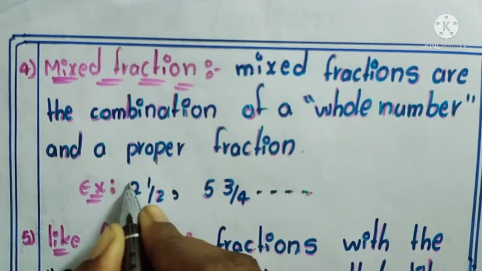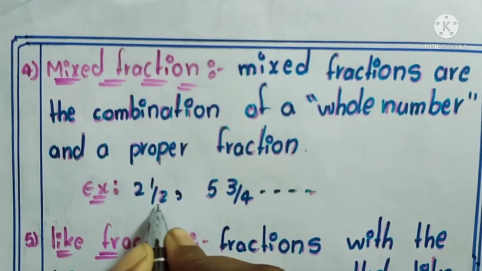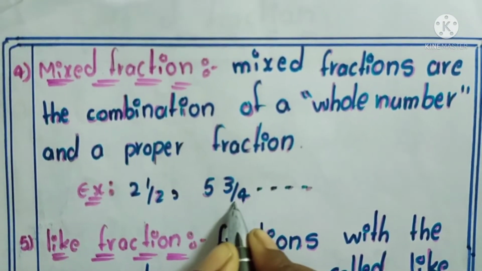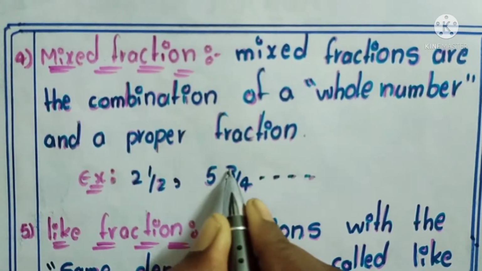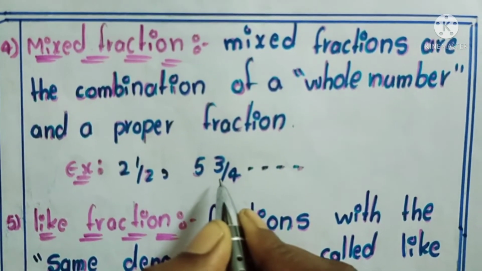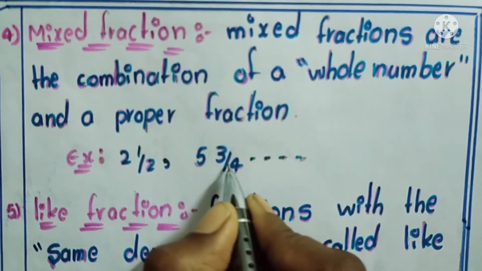The combination of a whole number and a proper fraction is called a mixed fraction. 5 3 by 4 is an example of a mixed fraction.